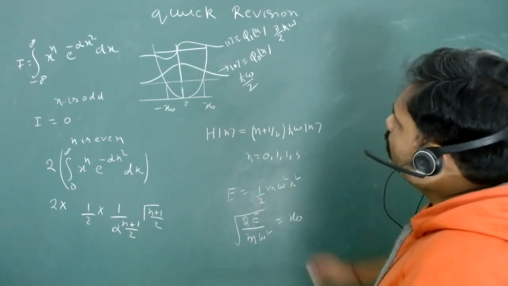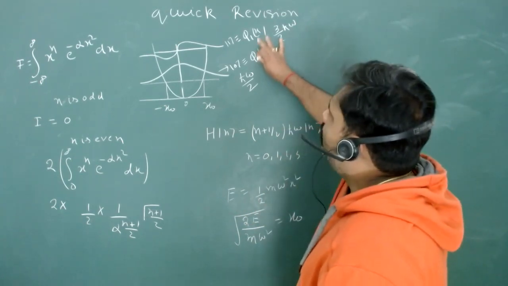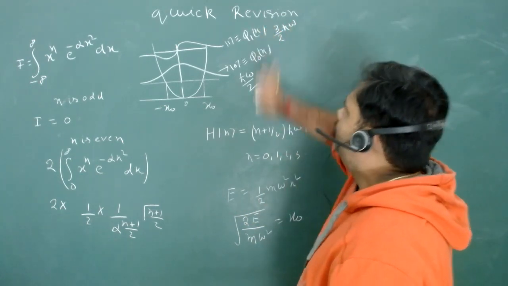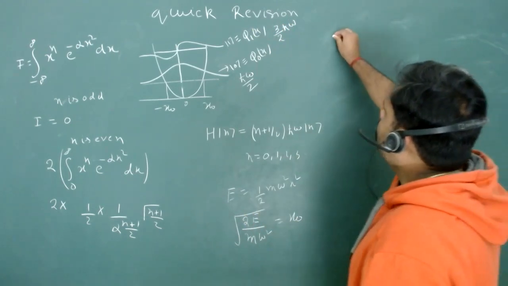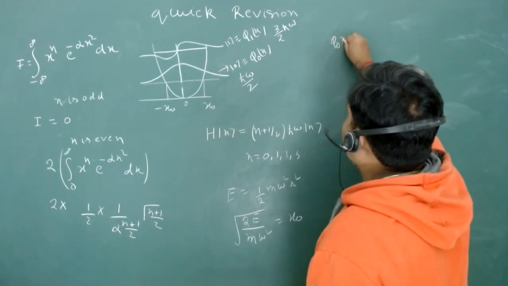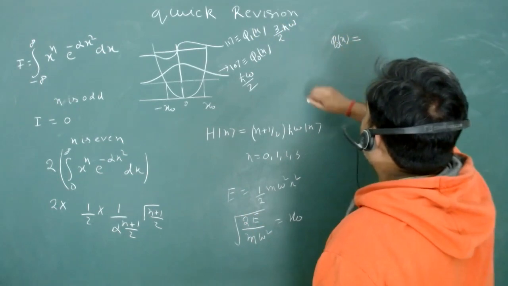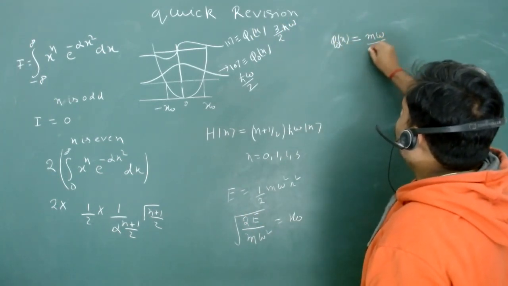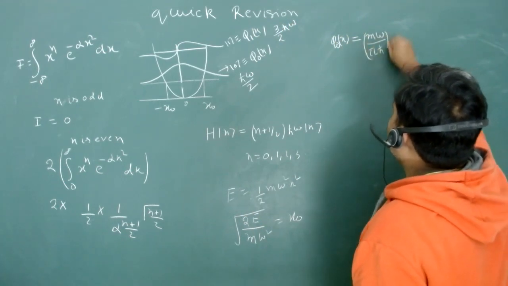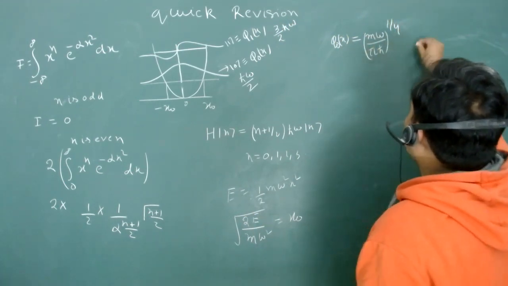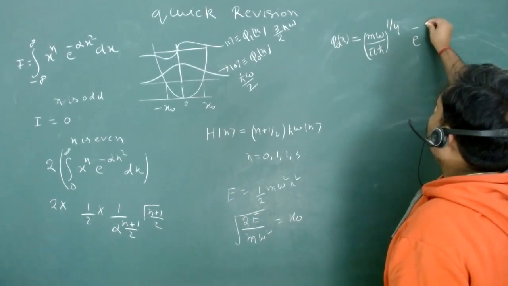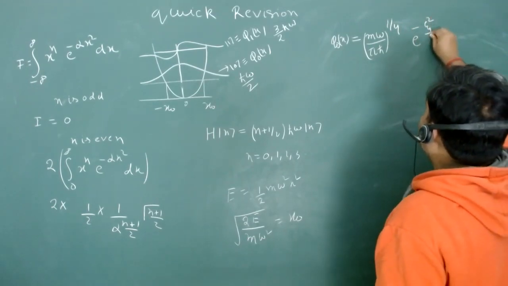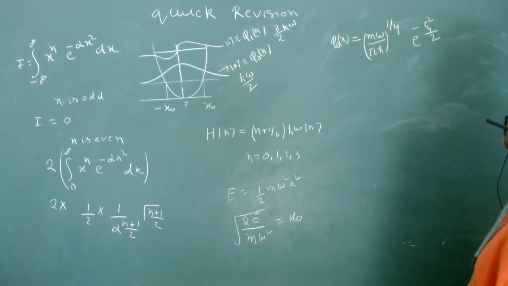And you should also remember the functional form of at least the ground state and the first excited state. So the functional form of the ground state is just a very famous Gaussian wave function, and this will be (m omega upon pi h-cut) to the power 1 by 4 e to the power minus xi square by 2. And what is the value of xi?